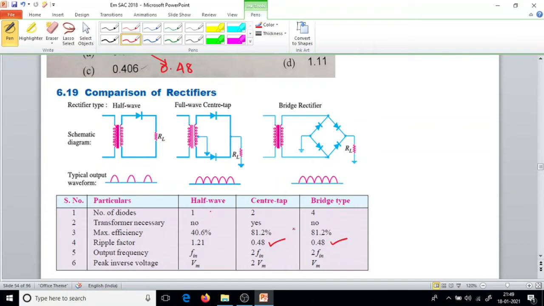And efficiency is there. Peak inverse voltage. Only for the center tap, 2 Vm is required. 2 Vm is the peak inverse voltage required for the diodes. If you are using bridge rectifier, then peak inverse voltage will be Vm only. So we'll go to the next question.